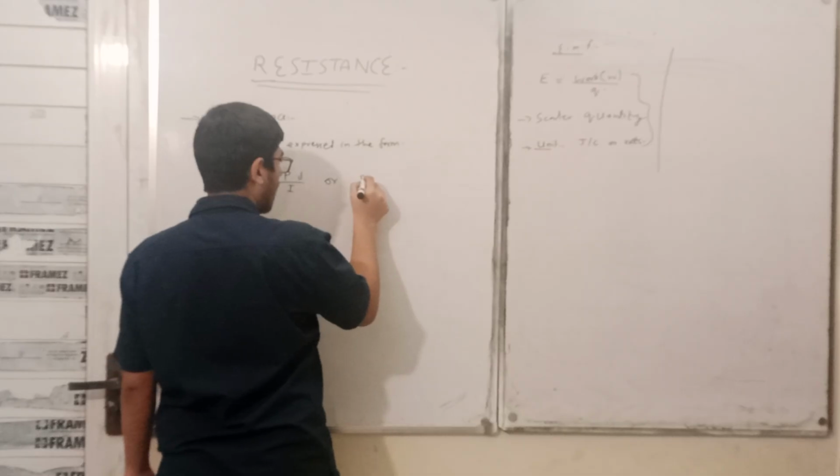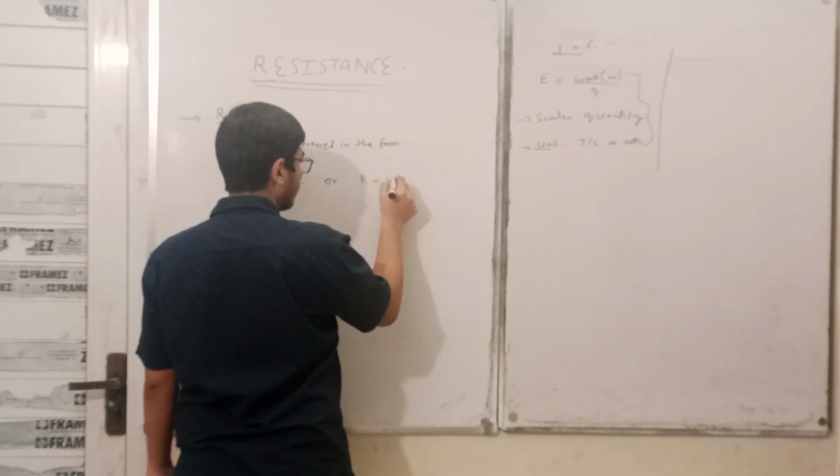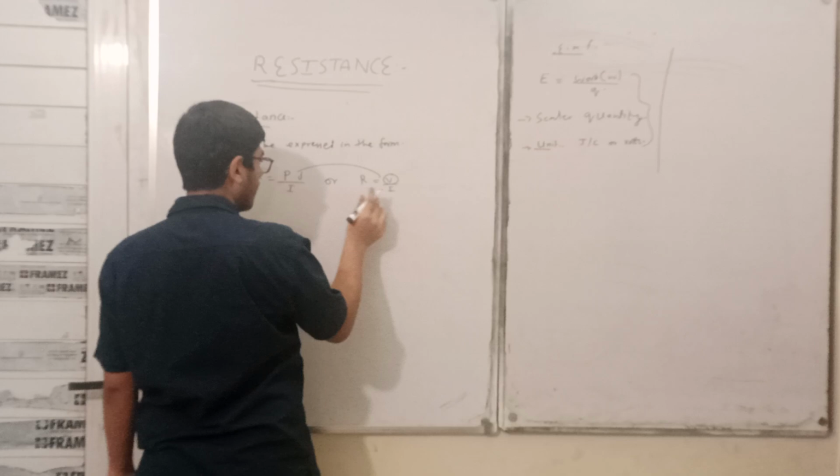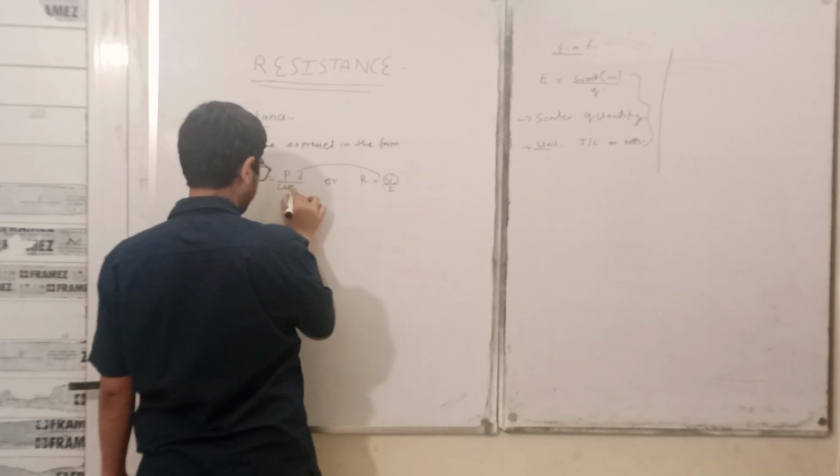Or you can say R is equals to V over I, where V is the potential difference and I is the current.